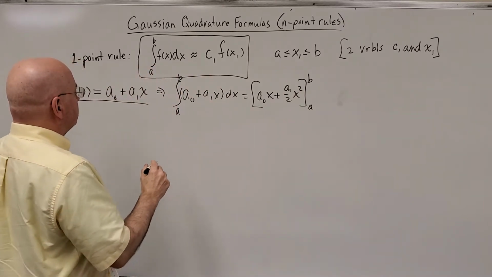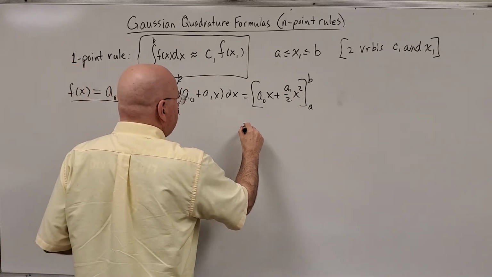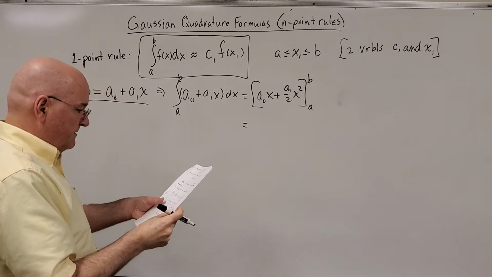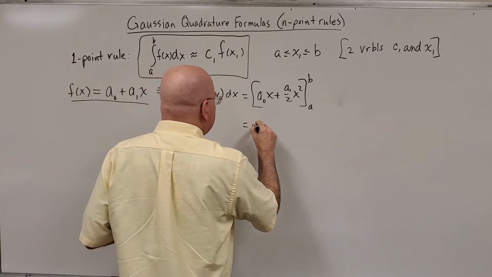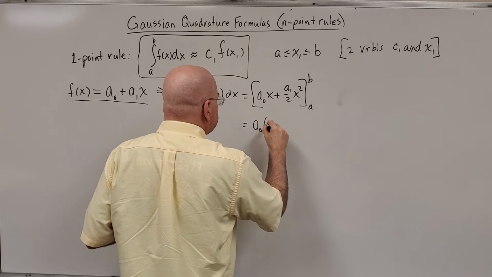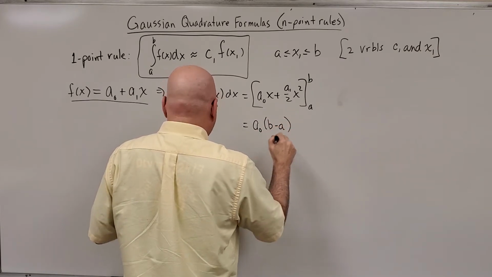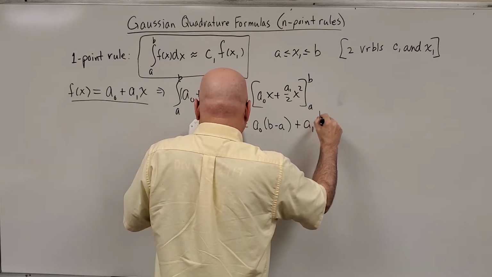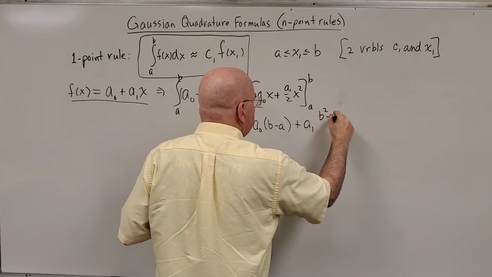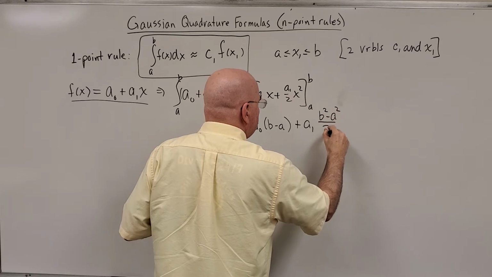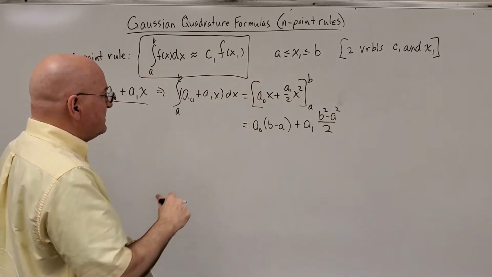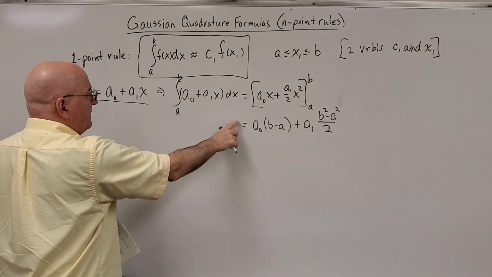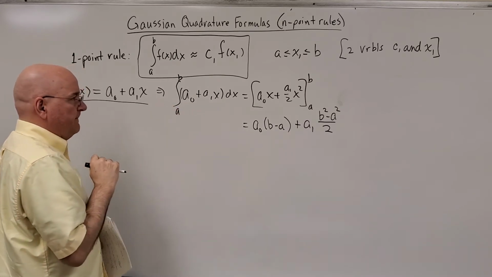I'm going to look at my notes here and make sure we get what this is. This would be a0 times b minus a plus a1 times a fraction, so this is the exact value of this integral from a to b.